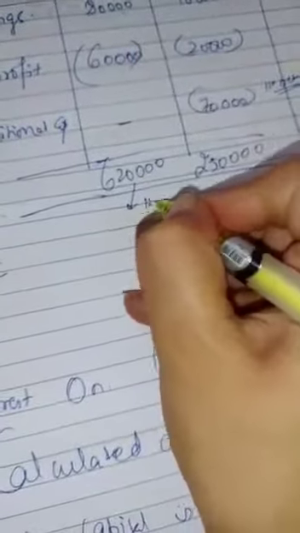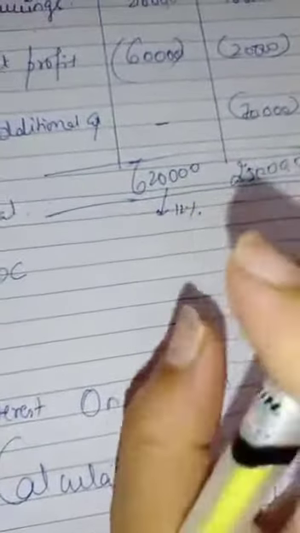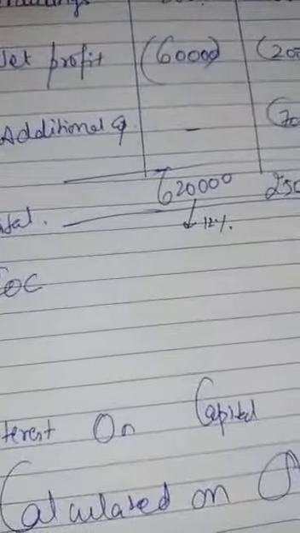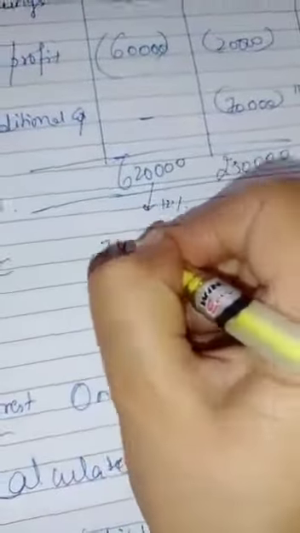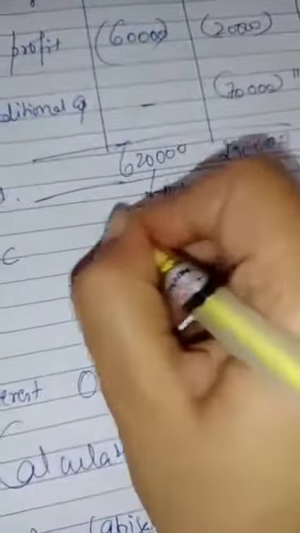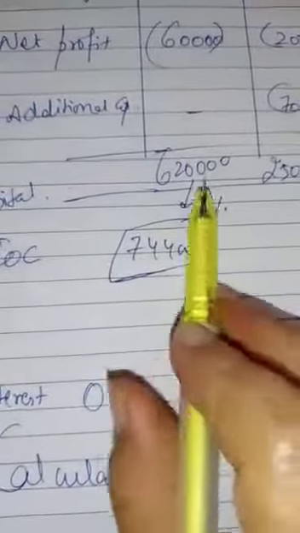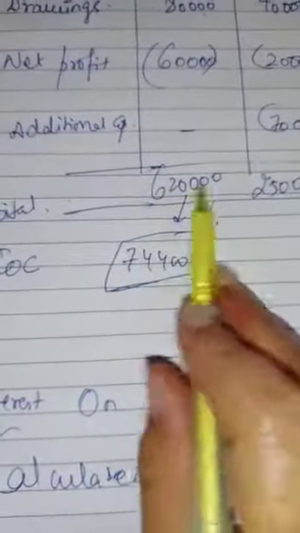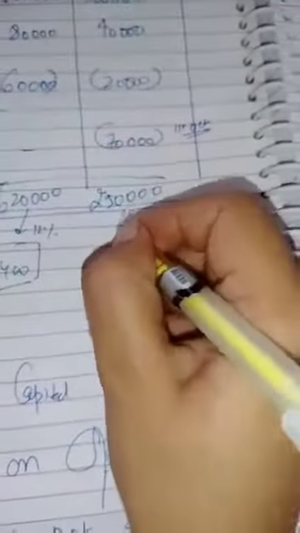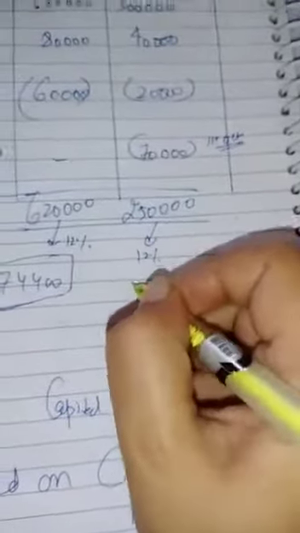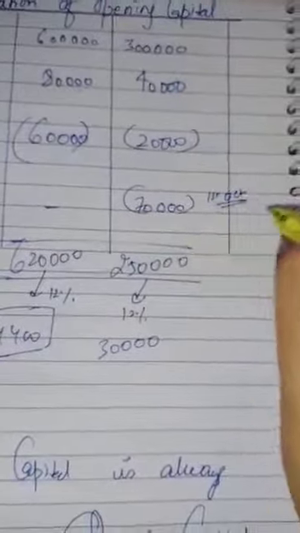Now interest on capital: 12% of 6,20,000 for the whole year will be 74,400. Now for 2,50,000, 12% for the whole year will be 30,000. But if you remember, he has invested 70,000 in between.